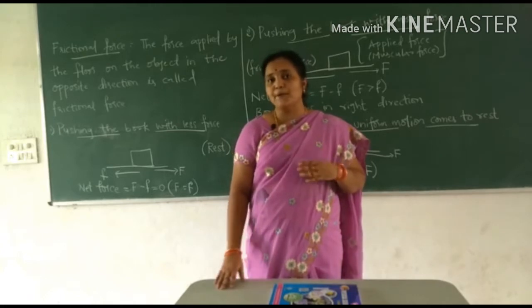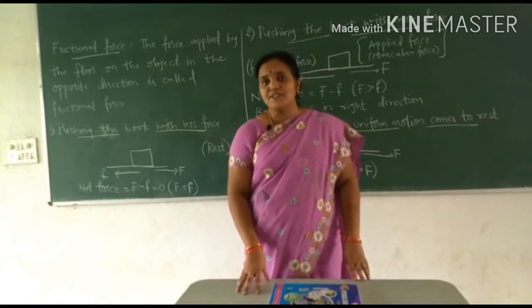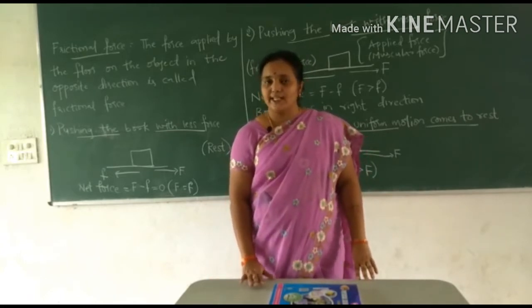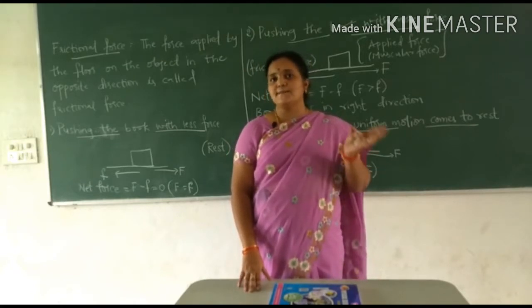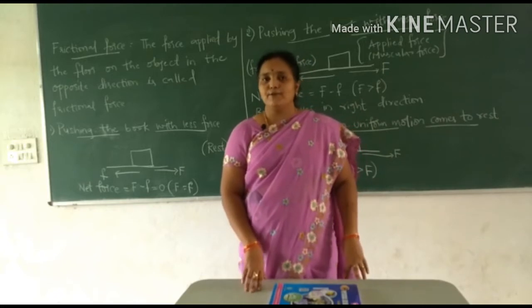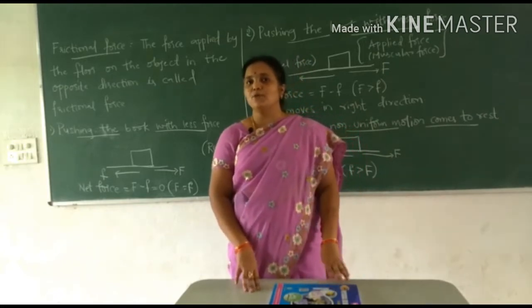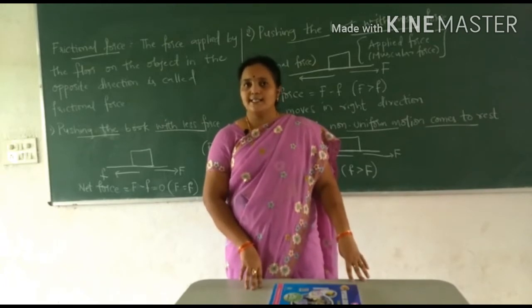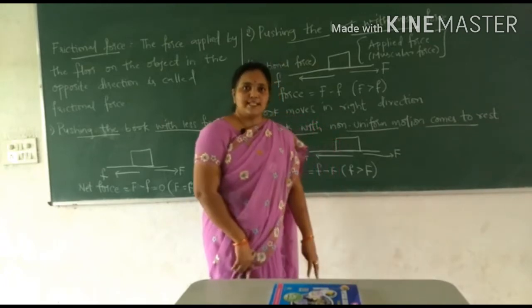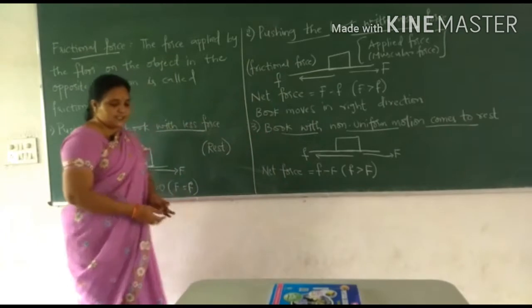That means the stopping force, the force applied by the surface of the table, is increasing. That means the frictional force is more than the applied force. That is the reason the book, after moving a certain distance, has come to the rest position.